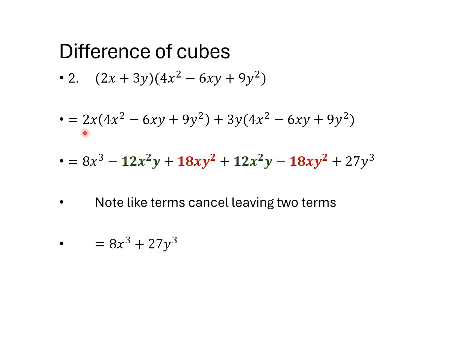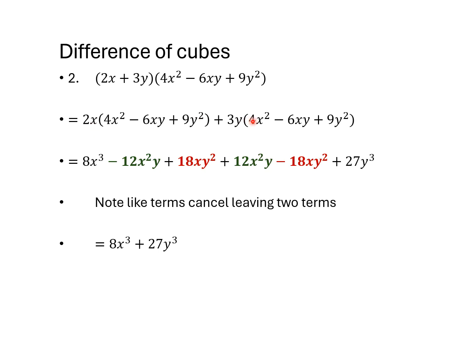But again, 2x times 4x squared minus 6xy plus 9y squared, and then 3y times the same bracket. So 2 times 4 would give me 8, x times x squared, x cubed, 2 times negative 6, negative 12, x squared y, 2 times 9 is 18, x y squared.